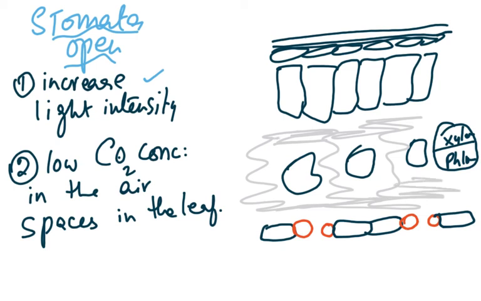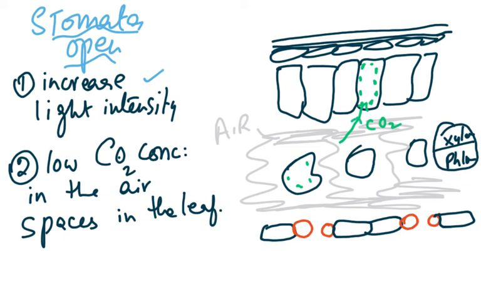Now the air spaces in the leaf have air. But when there is a little light, the chloroplasts present in the palisade mesophyll and some in the spongy mesophyll will start to photosynthesize. When they start to photosynthesize, they'll take up the carbon dioxide in these air spaces.